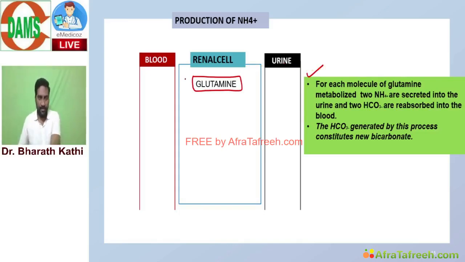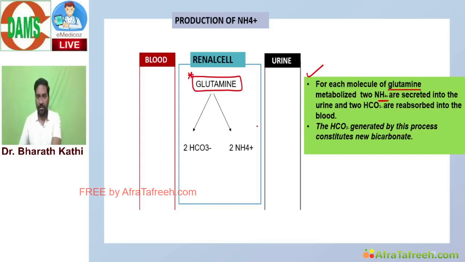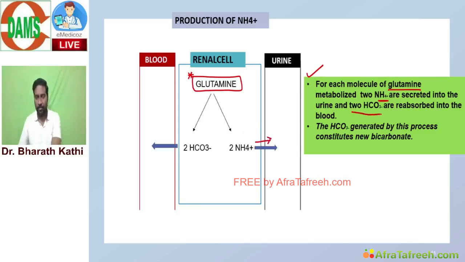In the renal cell, there is a substance called glutamine. This glutamine will be metabolized into NH4 plus and bicarbonate. The concept here is, for each molecule of glutamine metabolized, 2 NH4 plus are secreted into the urine and 2 bicarbonate are reabsorbed into the blood. Very, very important.